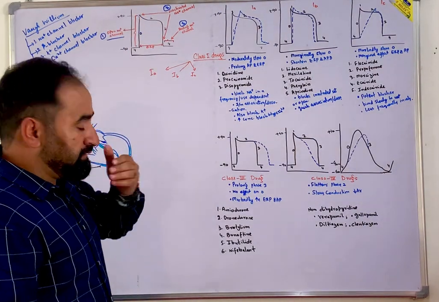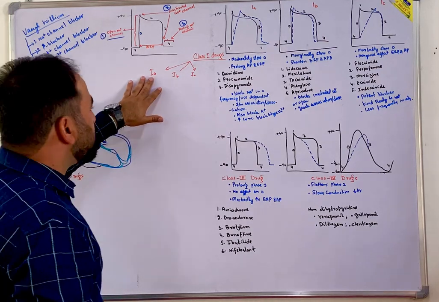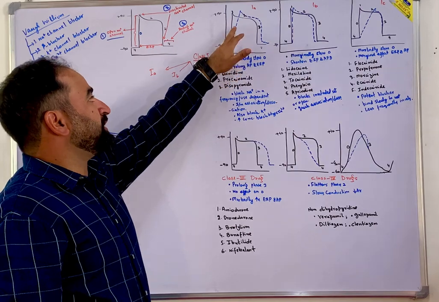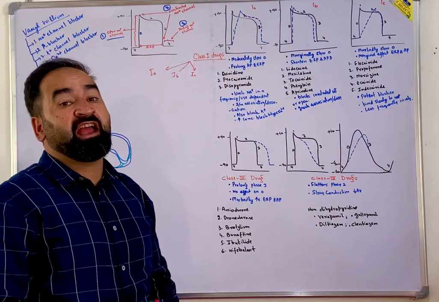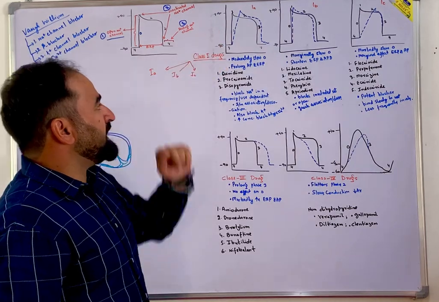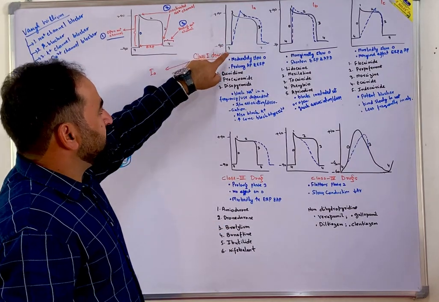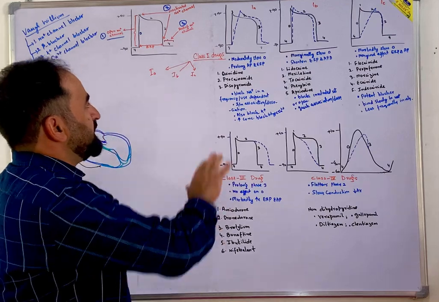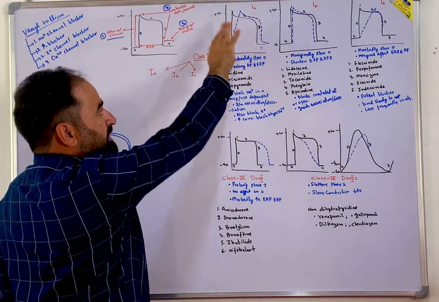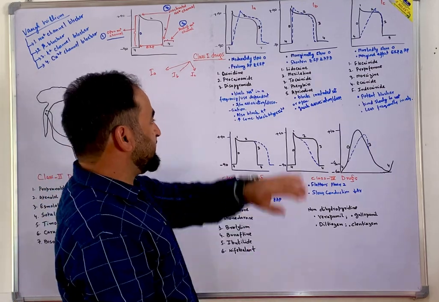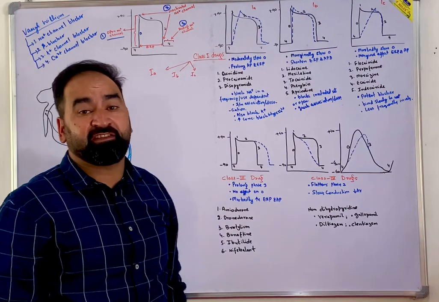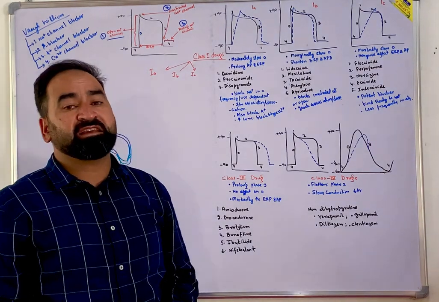Okay. Now coming to the 1A, this is your 1A action potential. The dotted blue line is the action of the 1A drug. See, this is your zero phase. It moderately slows the sodium channel in the open state, and it blocks the sodium channel in a frequency or use dependent manner. What does that mean?